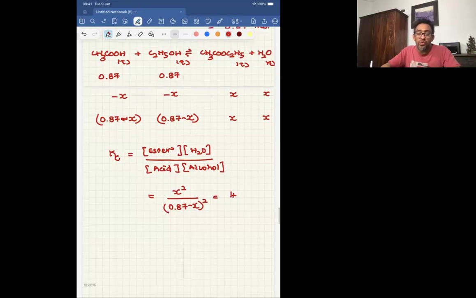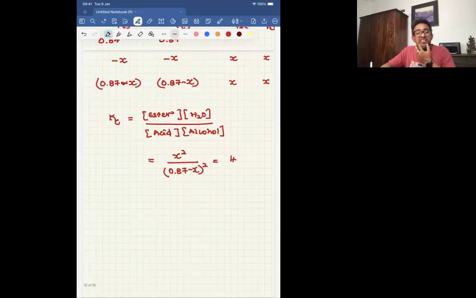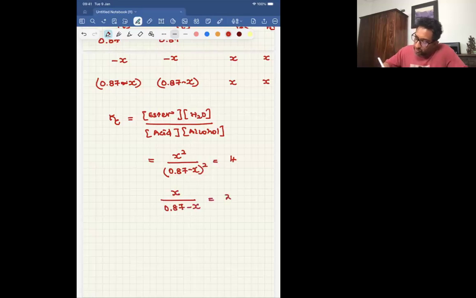Because it is given as 4, that's why I took it as 0.87. So x divided by 0.87 minus x is equal to 2. So x is equal to 0.87 multiplied by 2 minus 2x. We get 3x is equal to 0.87 multiplied by 2.